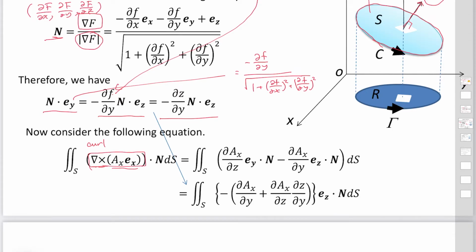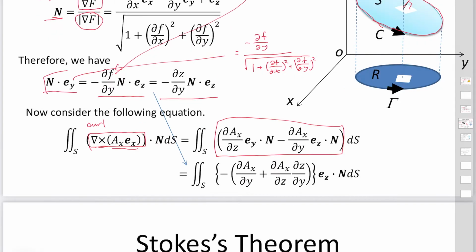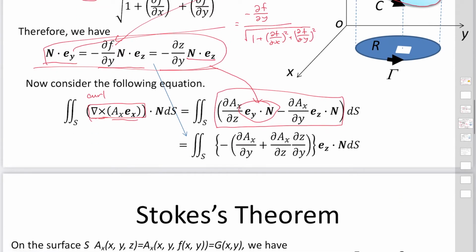You can express these equations and these expressions. Substitute these expressions here. Then express the n dot e sub z. This is the common factor, n dot e sub z. Then you have extra terms, here.